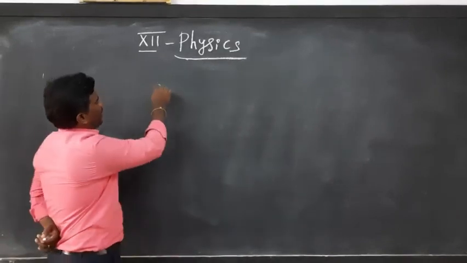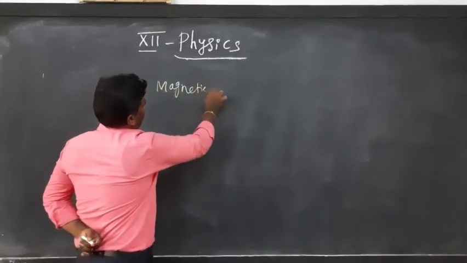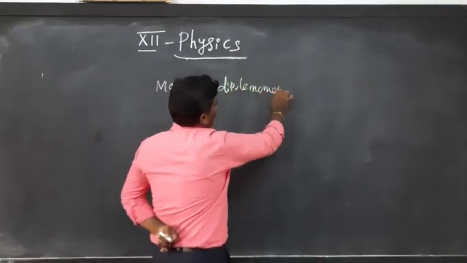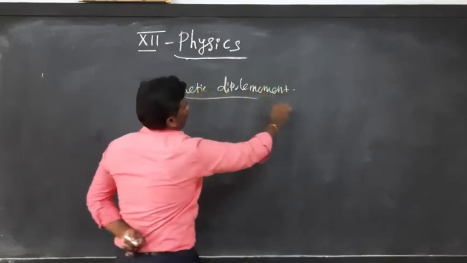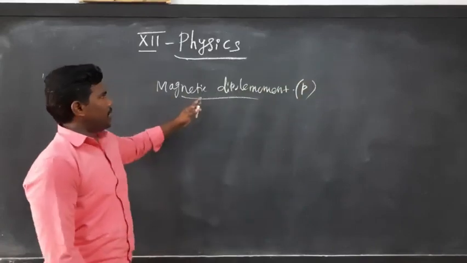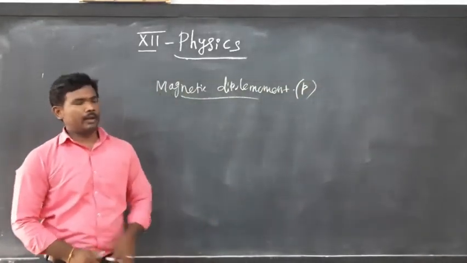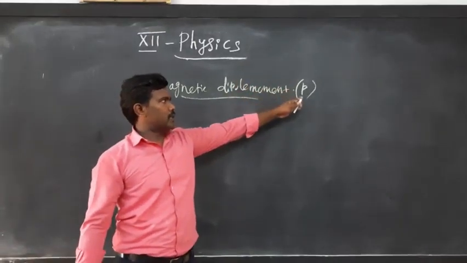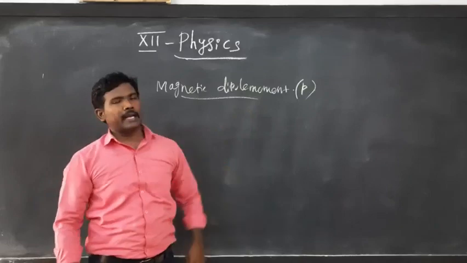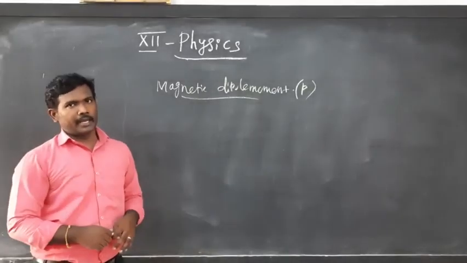First one is magnetic dipole moment. It is denoted by the letter P. We already discussed the electric dipole moment in the first chapter, and there we used the same notation P. Here we are going to see the magnetic dipole moment, which is due to the magnetic field, whereas that one is due to the electric field.